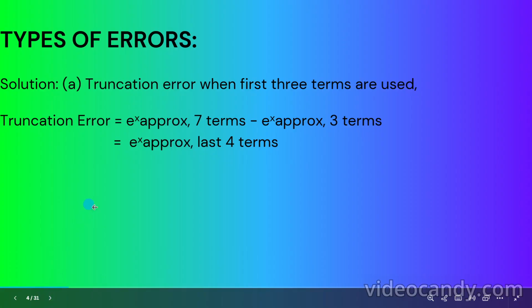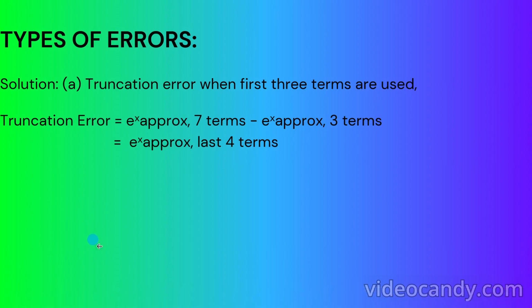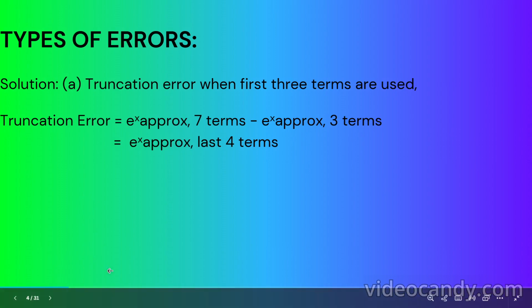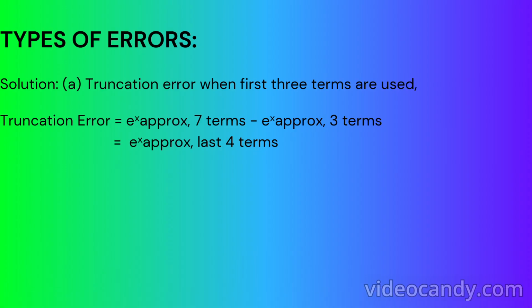So these are the types of error. Solution A: truncation error when the first 3 terms are used. So truncation error E equals S approach 7 terms minus S approach 3 terms, equal to S approach last 4 terms.